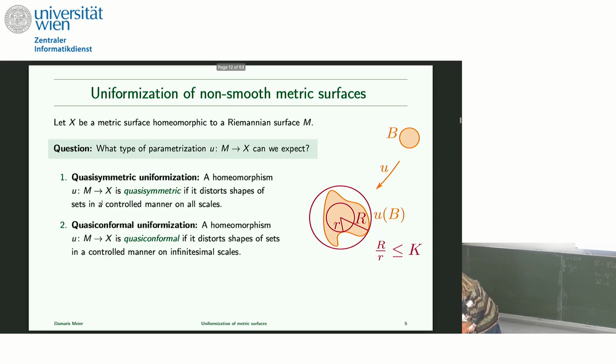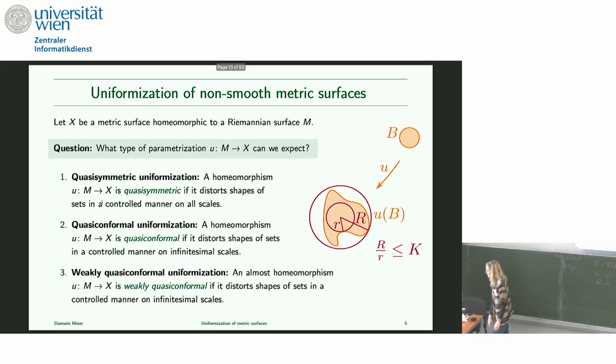The next class of mappings we're going to look at are quasiconformal mappings, and you can think of them doing the same thing. It's also a homeomorphism, but it only does it for very, very small balls, like the conformal mappings. And finally, the last class of mappings we're looking at are weakly quasiconformal mappings, and there they have the same distortion property as quasiconformal mappings in some sense, but these are not homeomorphisms anymore.